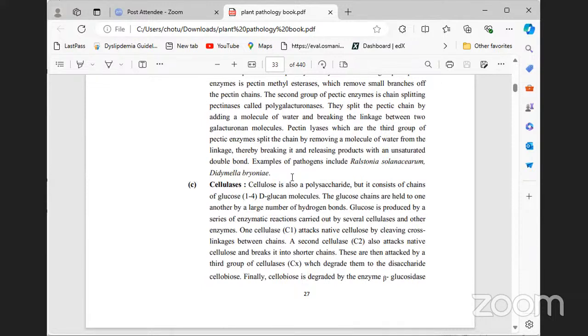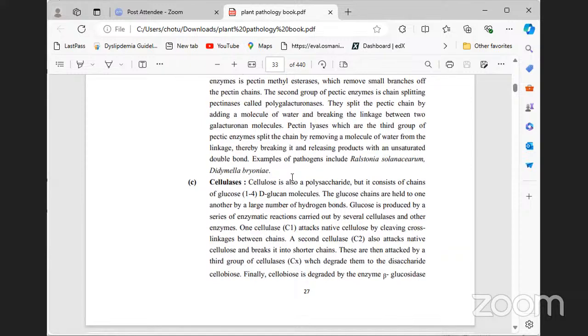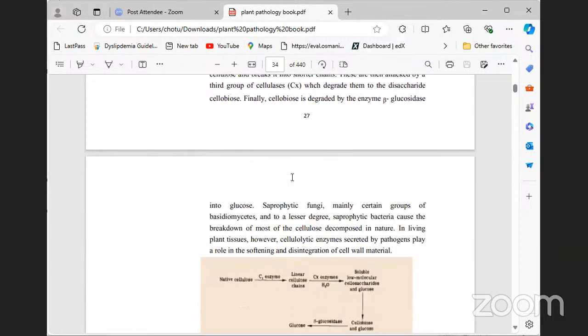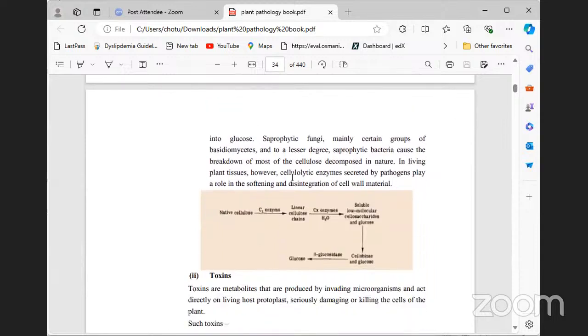A second cellulase also attacks native cellulose and breaks it into shorter chains. These are then attacked by a third group of cellulases, that is Cx, which degrade them to the disaccharide cellobiose. Finally, cellobiose is degraded by the enzyme beta-glucosidase into glucose.